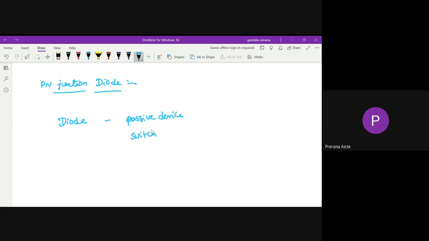Is a diode a unipolar or bipolar device? It is a bipolar device. Unipolar means current conduction due to only majority carriers, while bipolar means current conduction due to two types of charge carriers.